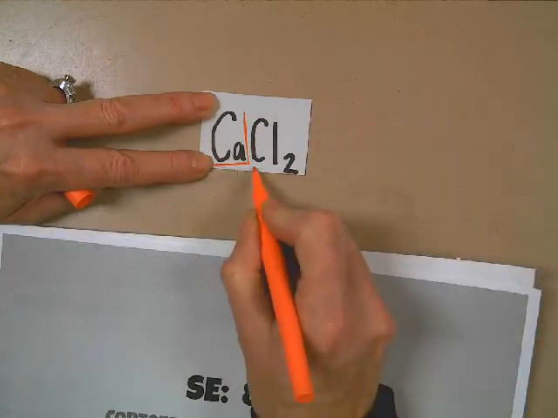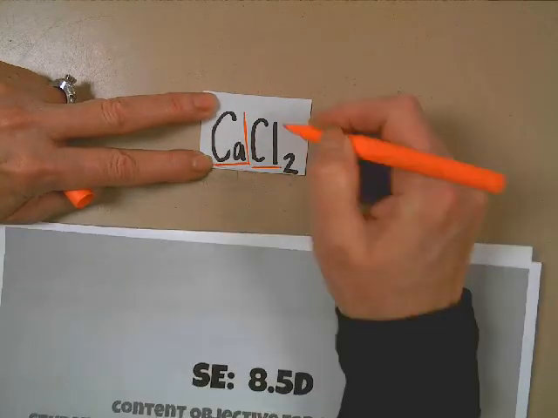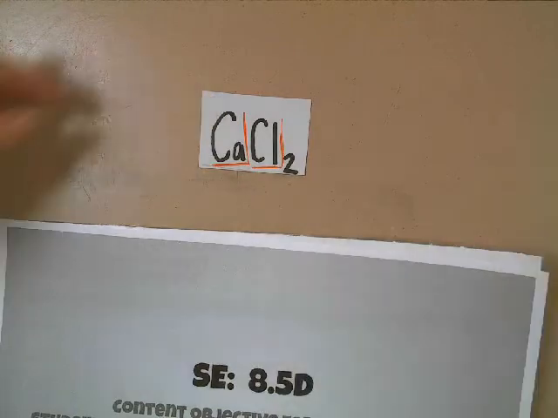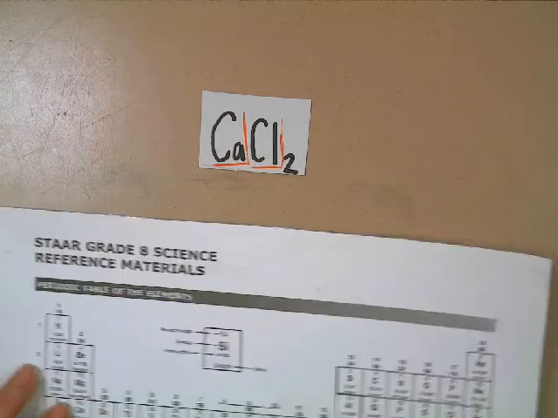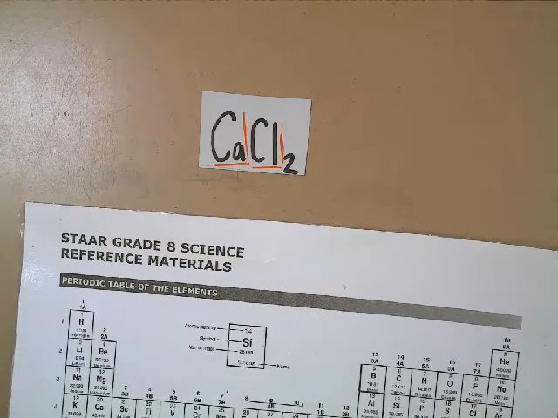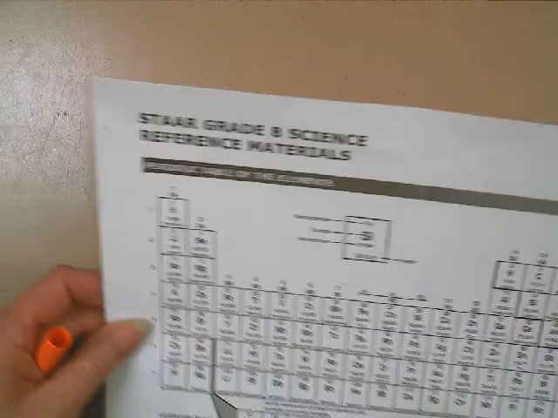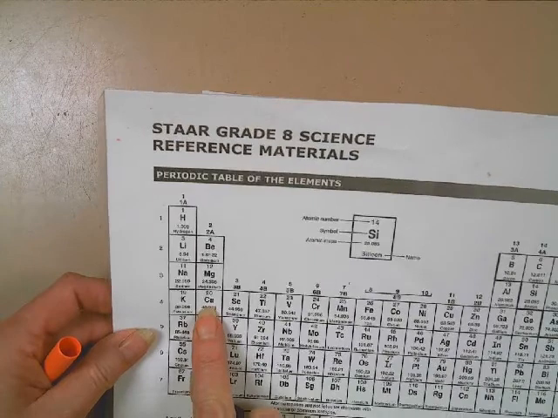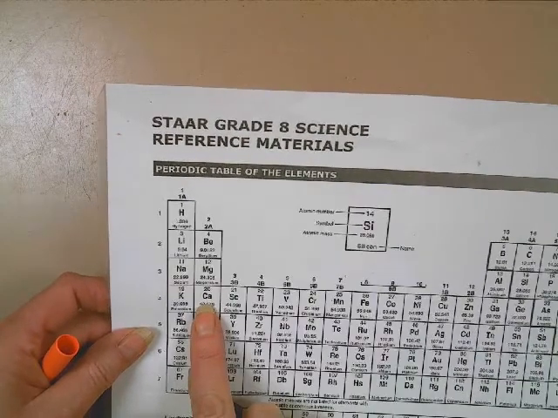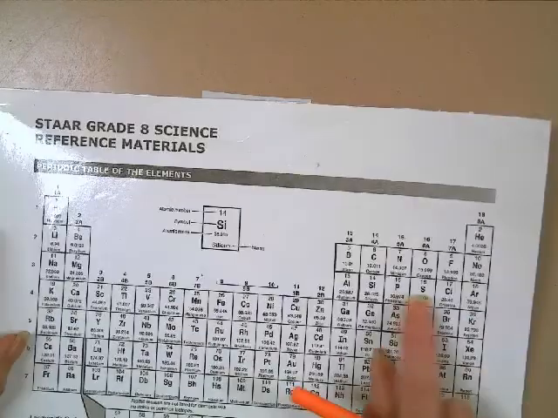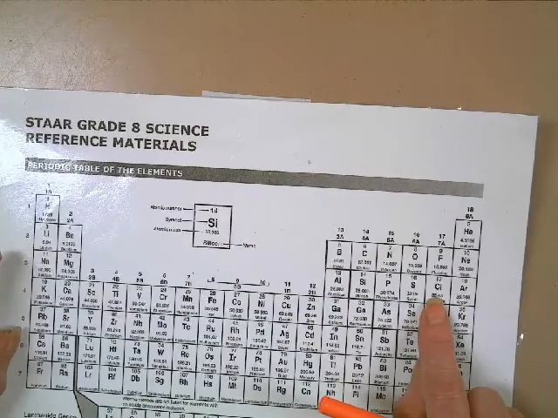Here there's a Cl, same thing. This is another element. If I look them up on the periodic table, I can determine that Ca is for calcium and that Cl is for chlorine.